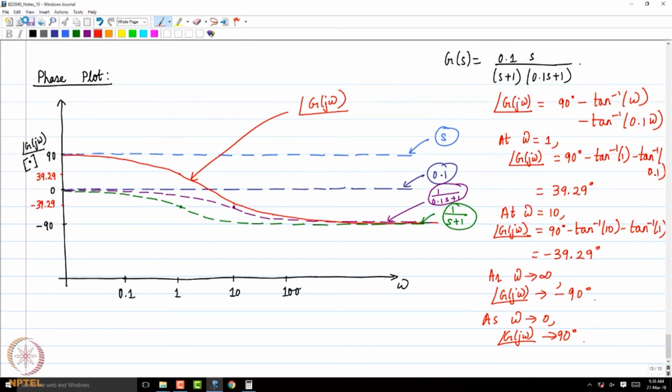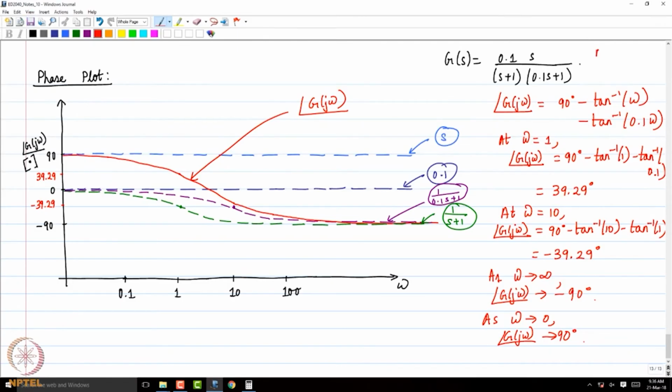What did we discuss? You give me a transfer function and I plot the Bode diagram, you immediately see that the magnitude plot is going to tend to a slope of minus 20 times n minus m decibels per decade. What was n minus m in this problem?